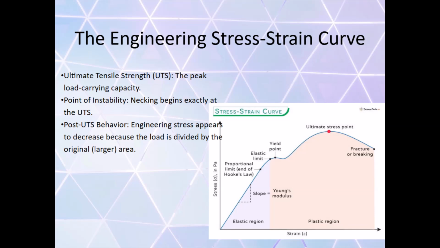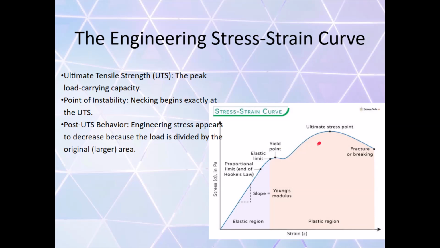This is the point up to which the material can withstand the load. Next, the point of instability: necking begins exactly at the UTS. After this point, the material starts to fracture, and at the end, complete fracture of the material can be observed.